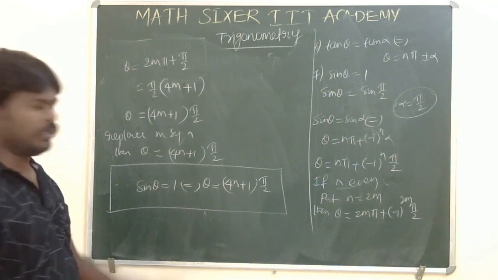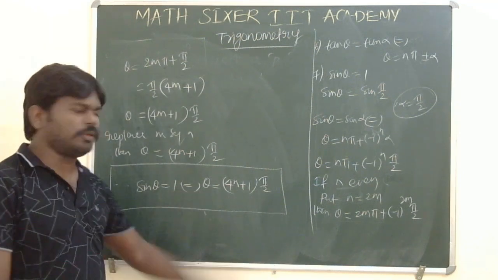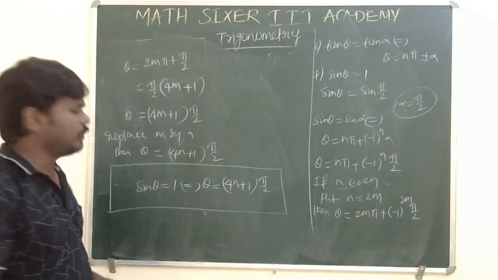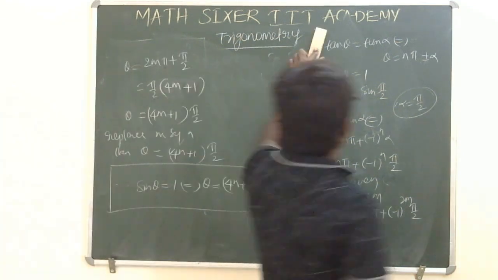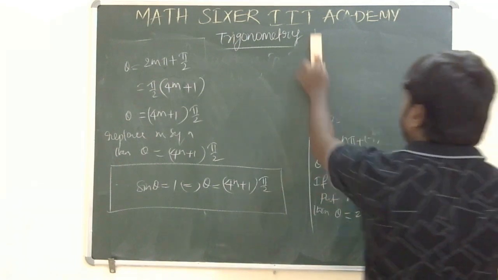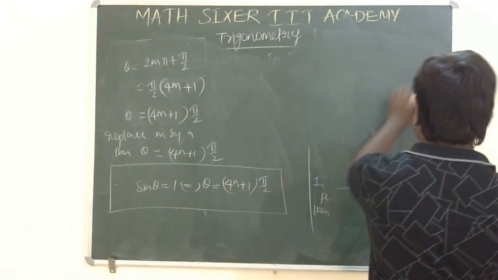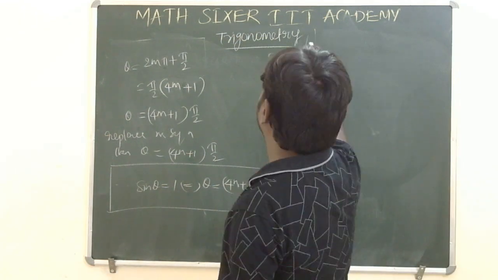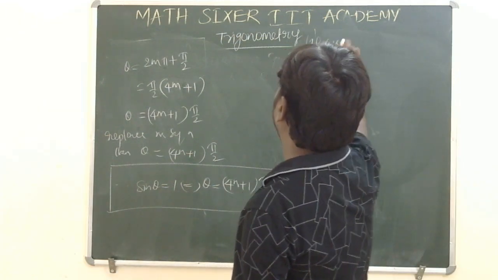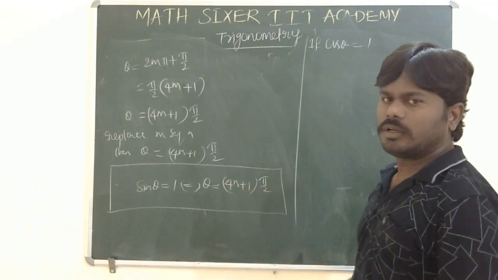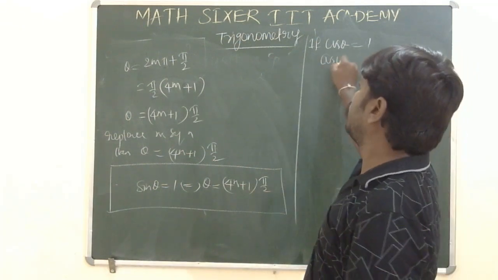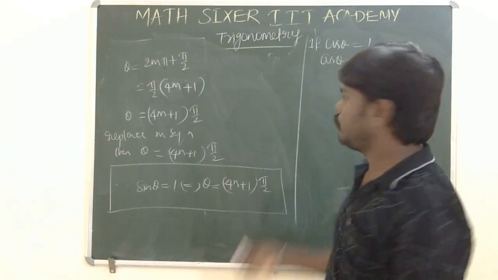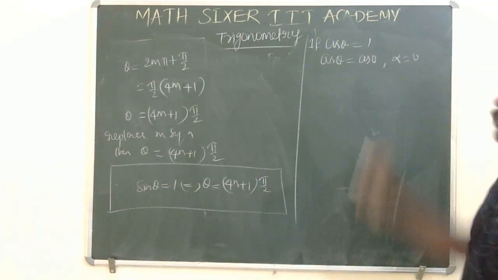So this is the important point to be remembered. The derivation is not needed, but this value of theta we have to remember. Now let us see when cos theta is equal to 1. It is very simple: cos 0 is equal to 1, so when comparing, alpha is equal to 0.